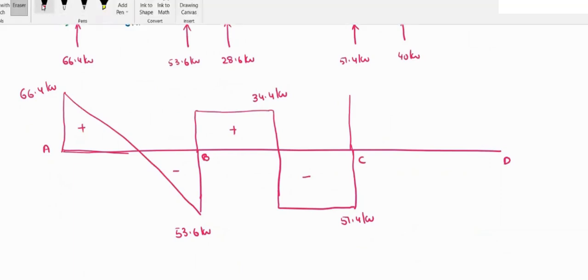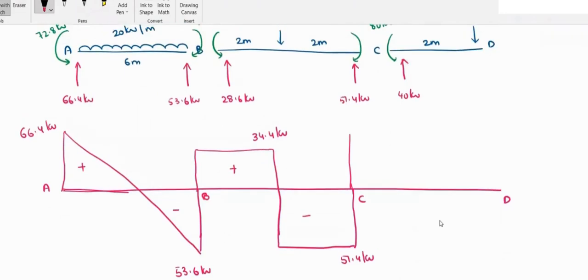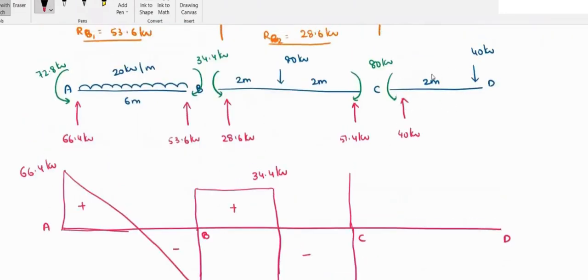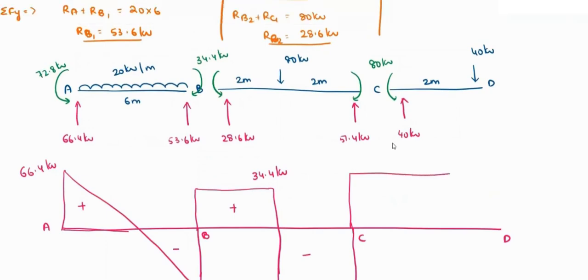So it is a clockwise shear, so both will be equal to 40 only. So this is a positive value of 40 kilonewton and 40 kilonewton. So this is your entire shear force diagram.